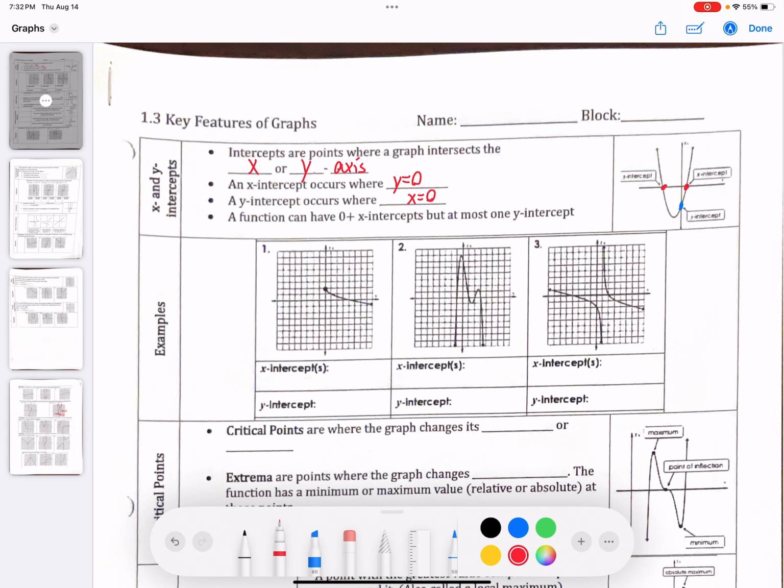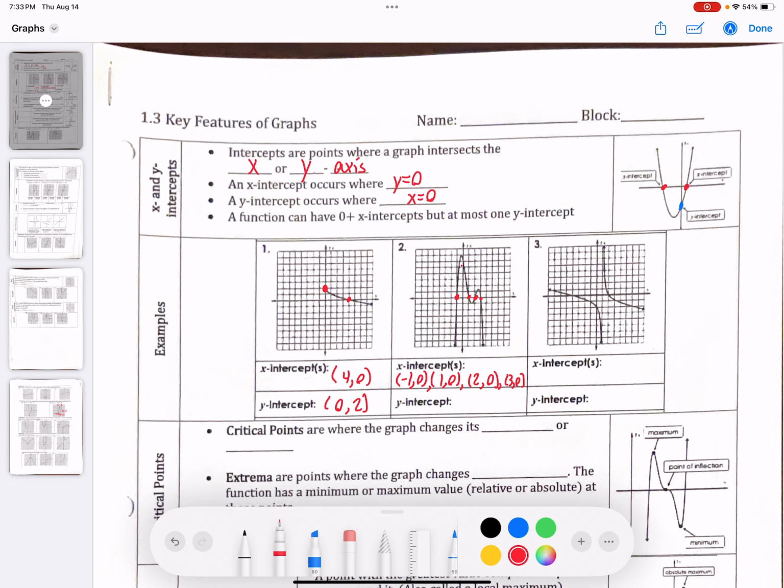So on number 1 in our examples, our x-intercept is right here, which is at (4, 0). Okay, our y-intercept is right here, at (0, 2). On our next problem, we've got x-intercepts here, here, here, and here. So our x-intercepts are (-1, 0), (1, 0), (2, 0), and (3, 0).